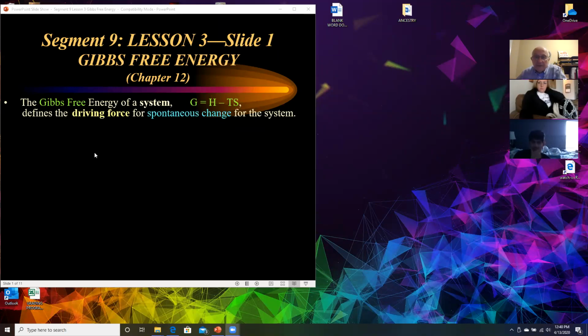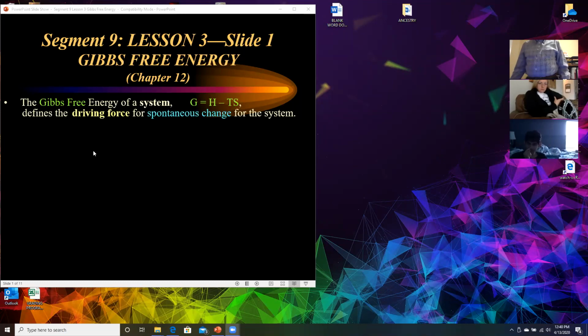Okay, today we're going to look at another thermodynamic function. Remember, we've looked at delta E and delta H and delta S. Those are three of the state functions that we've talked about. Delta E was the internal energy change that takes place in the process. Delta H represents the heat flow that takes place in the process.